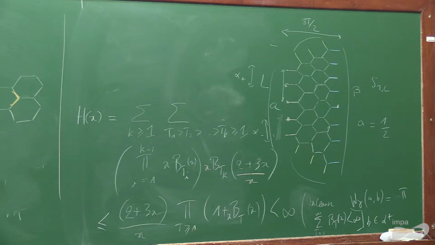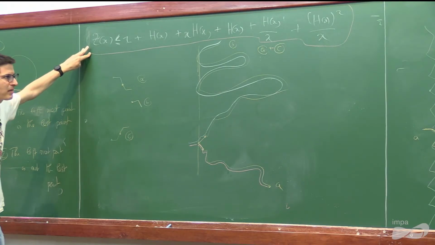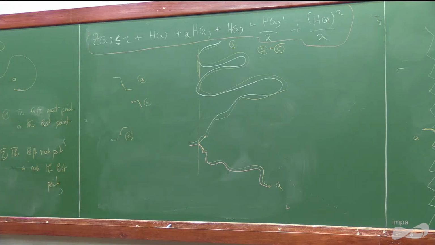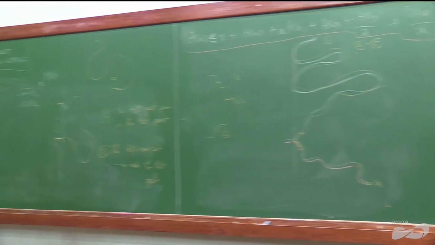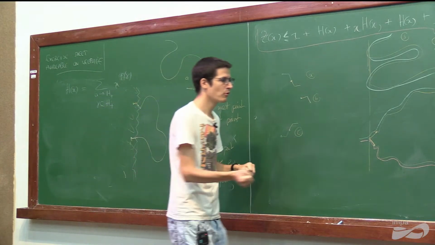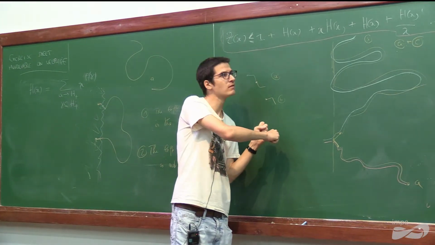Okay, so the idea here is quite simple. You want to control the sum of all paths. Basically, you reduce to the case of half-plane walks by looking at the walk from its leftmost point.